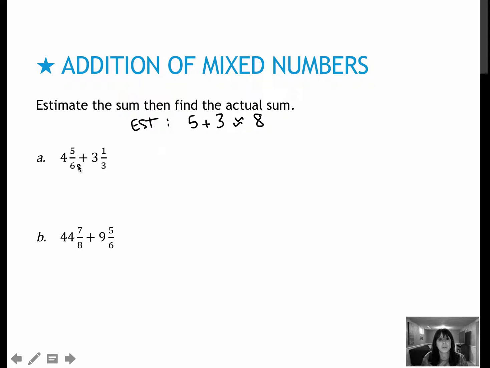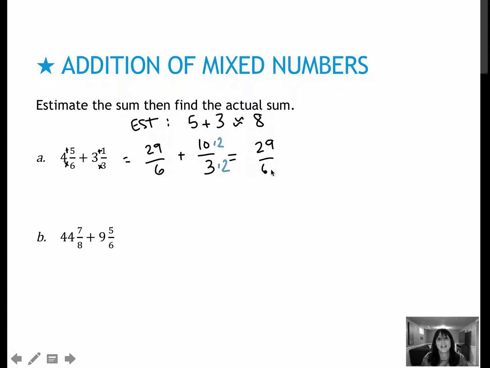To find the actual solution, I'm going to turn these into improper fractions. So 4 times 6 is 24, plus 5 is 29/6. And then 3 times 3 is 9, plus 1 is 10/3. I can't add unless they have a common denominator, so I'm going to turn them both into a denominator of 6.